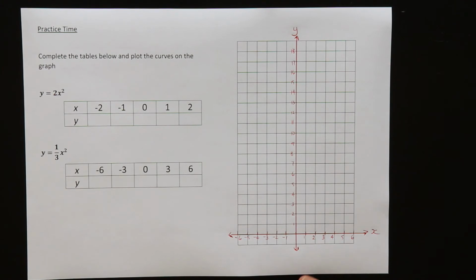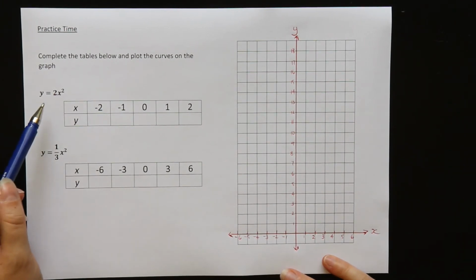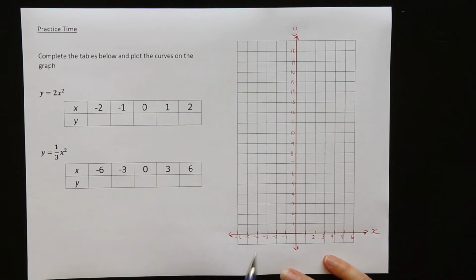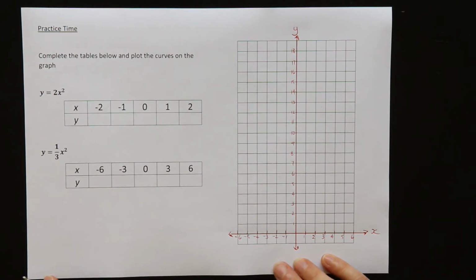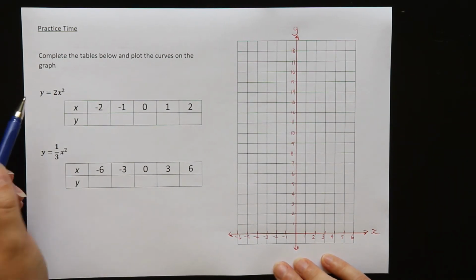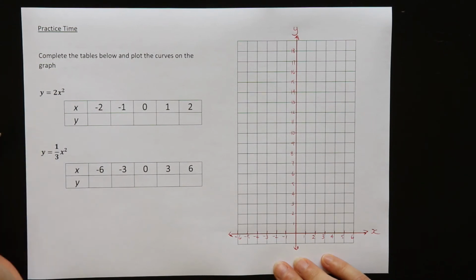Okay, on this next page, I have some questions for you to try. Complete these tables and plot the curves on this graph here. Pause the video, give those a go, and let's go through the answers. Okay, y is equal to 2x squared.